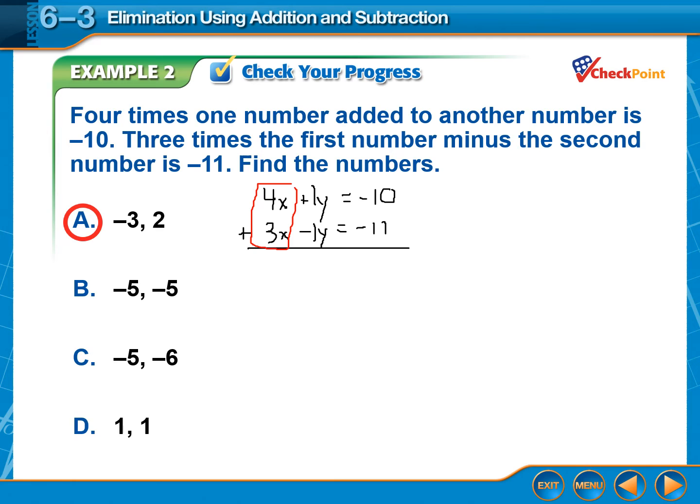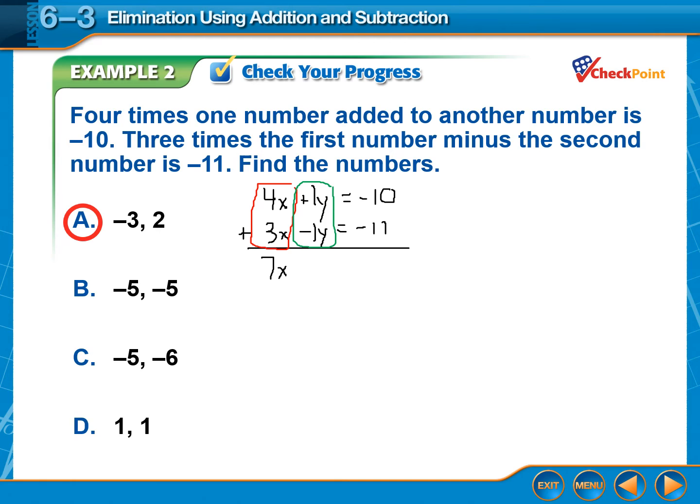So we're going to combine our x terms first, 4x plus 3x, and that gives me 7x. When I combine positive 1y and negative 1y, I'm left with 0. Right? So I don't need to write the 0 because they cancel each other out.